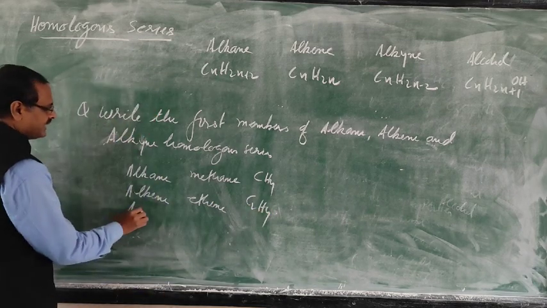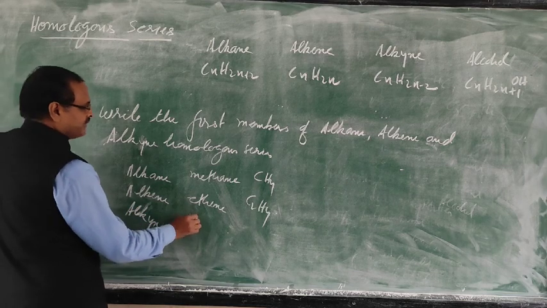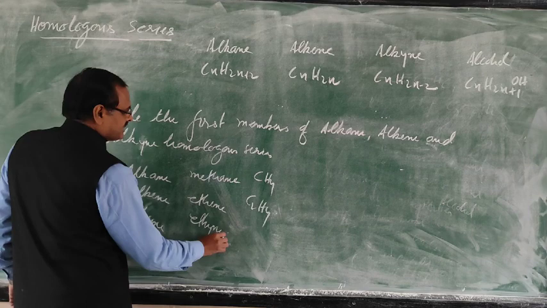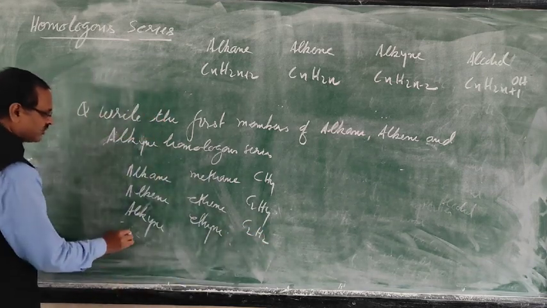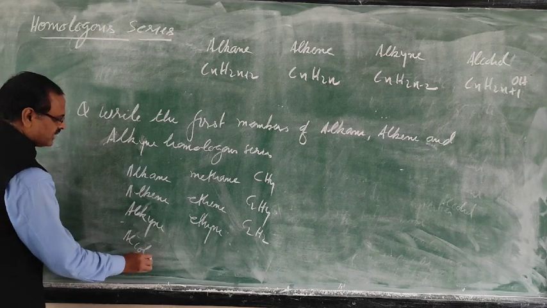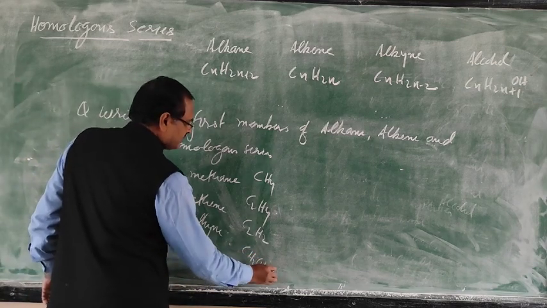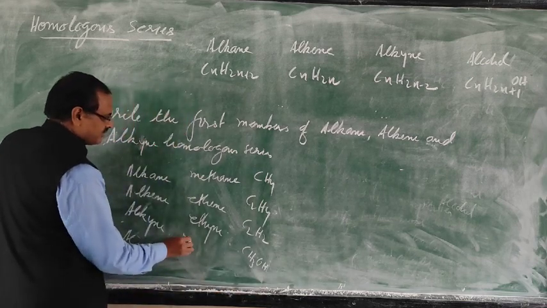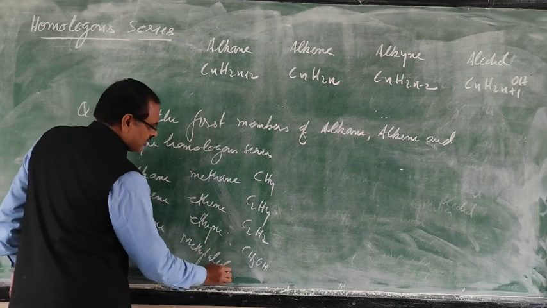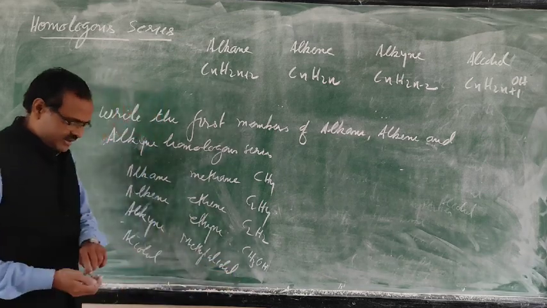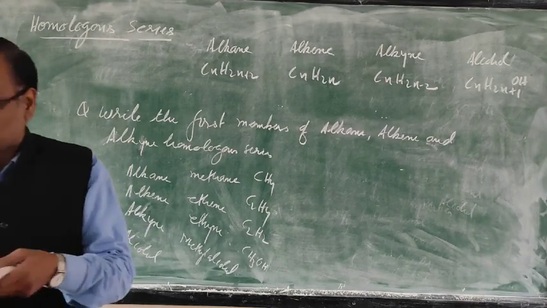For alkyne, the first member is ethyne, that is C2H2. If it is asked for alcohol, the first member of alcohol is CH3OH, that is methyl alcohol. Methyl alcohol. So you can mark this in your book: homologous series, important.